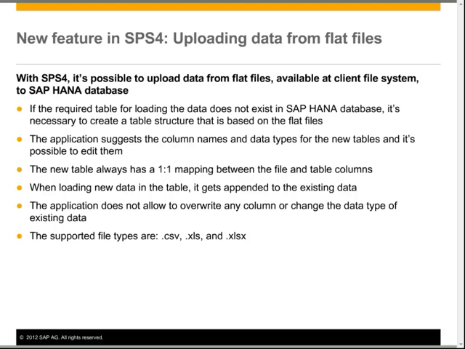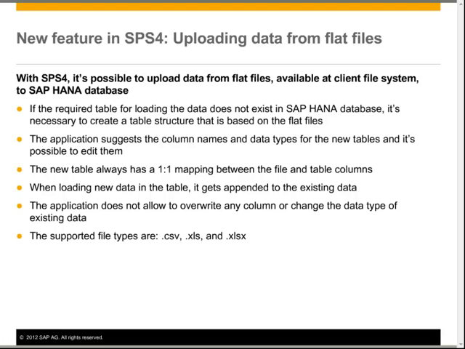But to load this type of data, it's first necessary to create a table structure that is based on the flat file. The application itself will suggest the column names and data types for the new tables. If we're not happy with them, we can edit them. Now the new table will always have a one-to-one mapping between the file and the table columns.